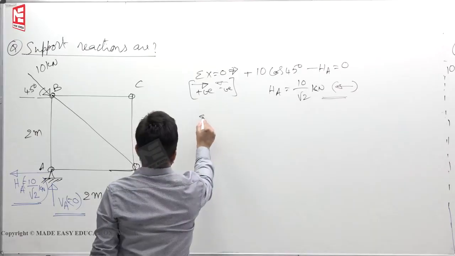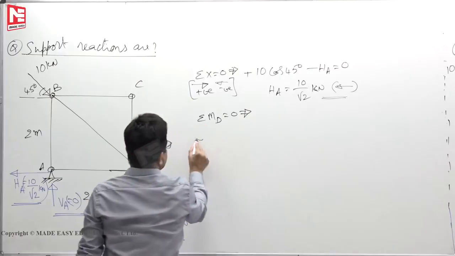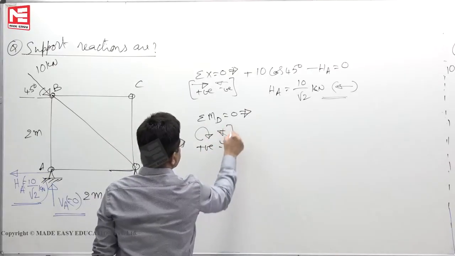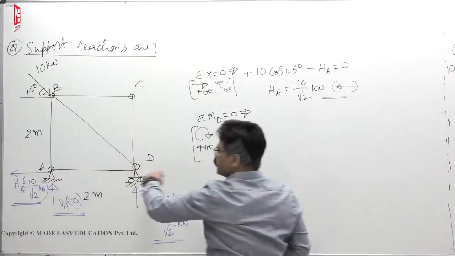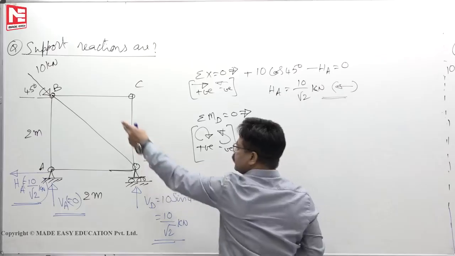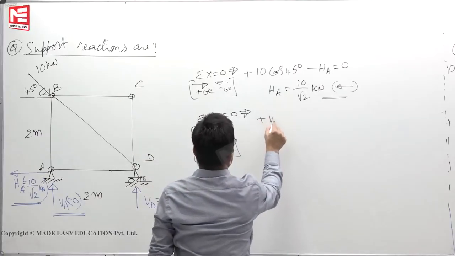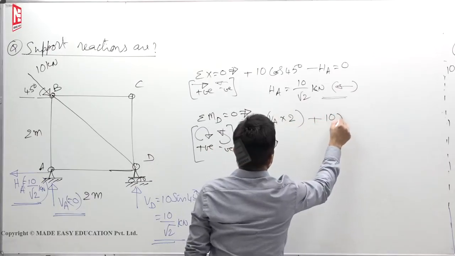Next, take moments of all forces about D is equal to 0. For this, the sign convention is, any moment acting clockwise is positive, any moment acting anti-clockwise is negative. So HA will give 0 moment because the line of action is passing through D. 10 is also passing through D, so 0. So plus VA into 2 plus 10 into 0.